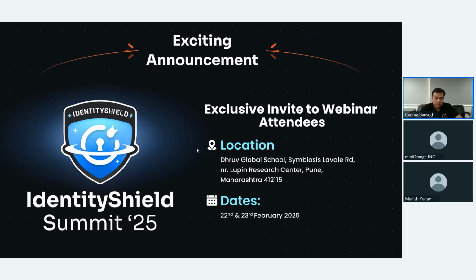So we started this in the last 3 odd years. The Identity Shield Summit is happening on 22nd and 23rd February, where you will see a single-stop solution. A lot of speakers are coming who talk about the current ecosystem: CISOs, directors, IT heads, admins.